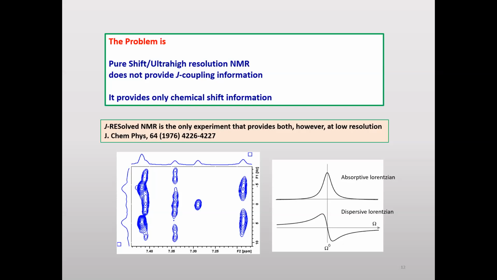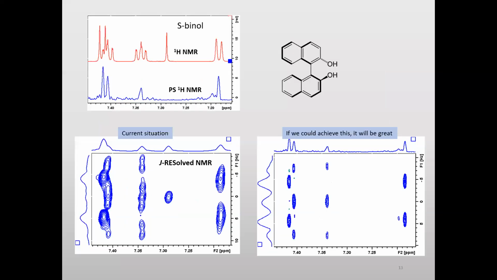You can look at the F2 projection, and this is a very low resolution pure shift spectrum. And if we look at the indirect dimension, these are the multiplet information, but there is a lot of line broadening and phase distortion because the dispersive terms are intrinsic to the Z-resolved spectrum. And till now there is not an ideal solution to overcome this phase problem in the Z-resolved spectrum. Next.